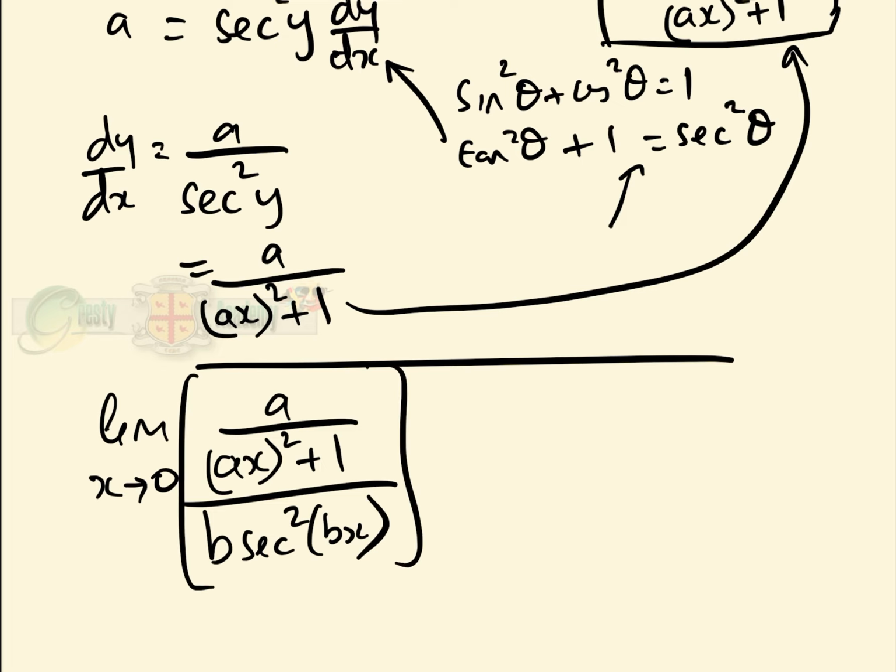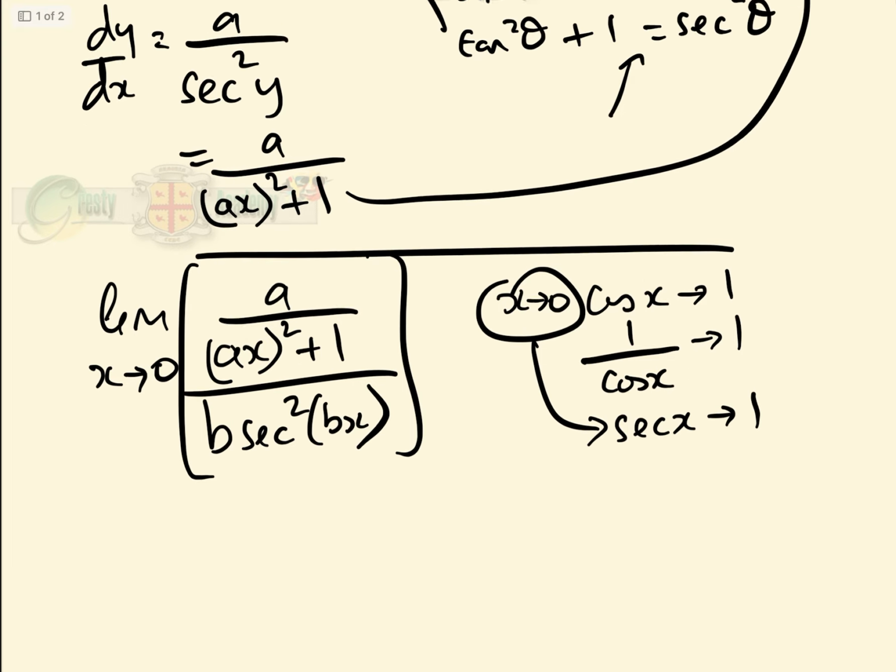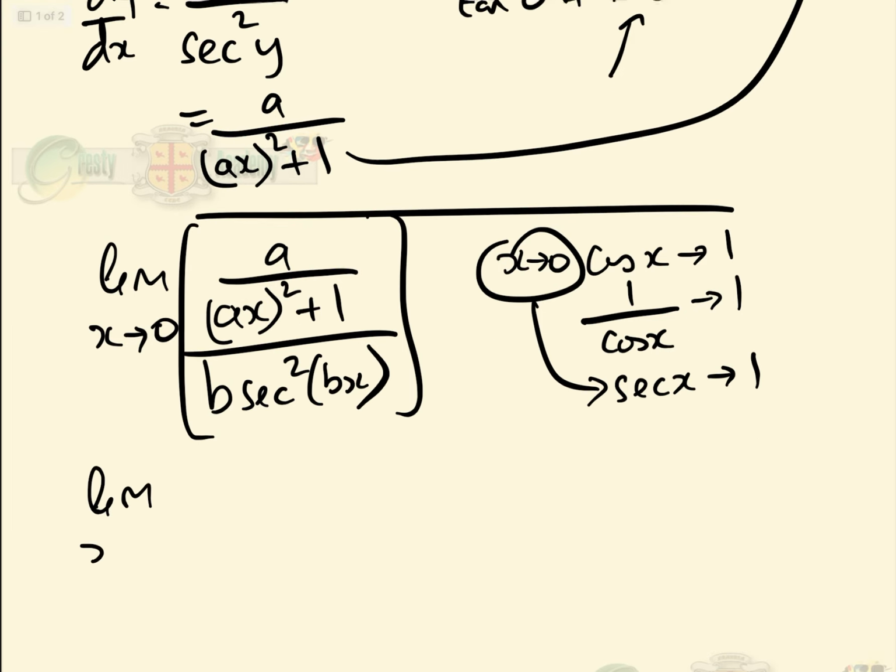Now as x approaches 0, cos of x approaches 1, and therefore 1 over cos of x approaches 1, which is sec of x, and so therefore as x approaches 0, sec of x approaches 1, and so therefore our limit becomes the limit as x approaches 0.